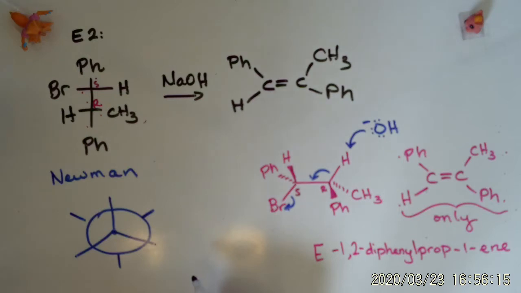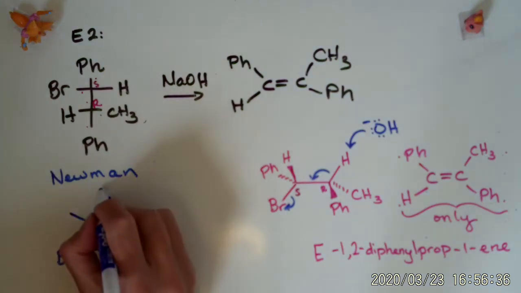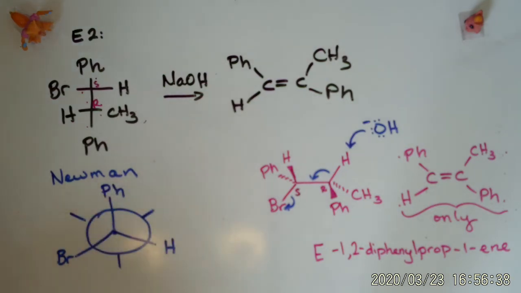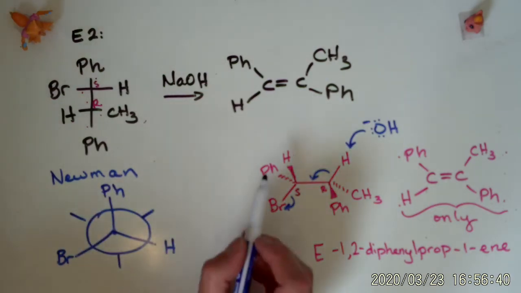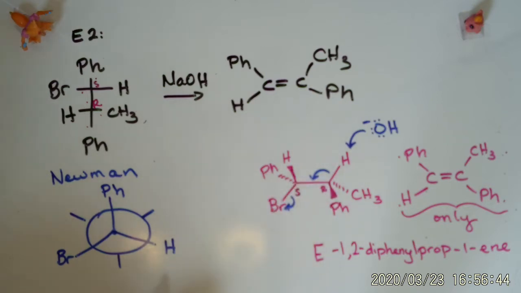For us to get an elimination, we need bromine, that group, phenyl, and hydrogen. So 1, 2, 3: bromine here, hydrogen there, phenyl here. So this would be an S. I'm looking down here. Here's my bromine, hydrogen's to my right, phenyl's to my left.